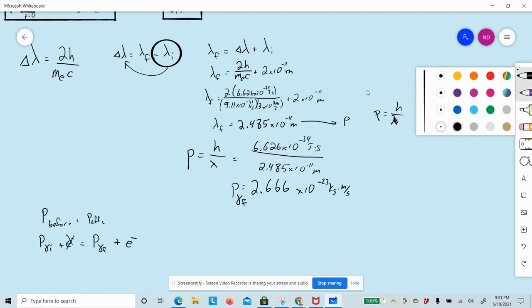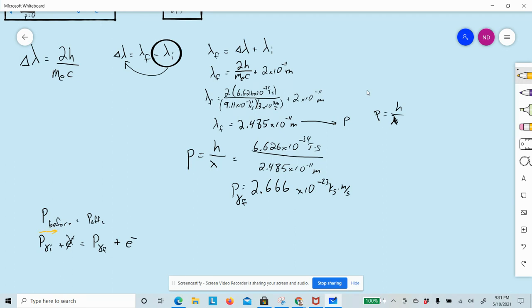Now, this is important. The thing switches direction here. So this thing was moving to the right. This thing is moving to the left. This thing is moving to the right. Because it's going that direction, we're going to make it negative.